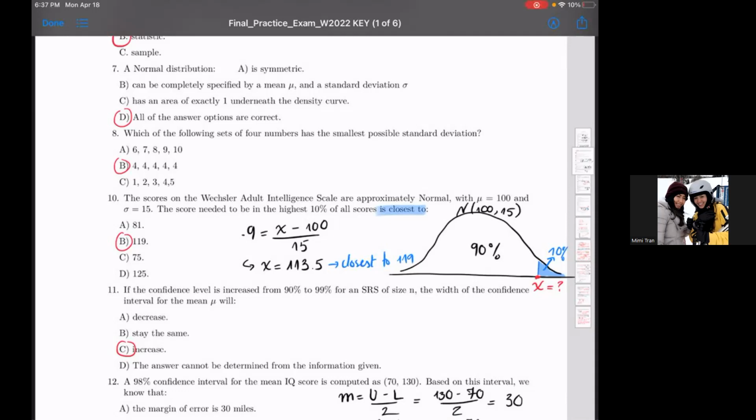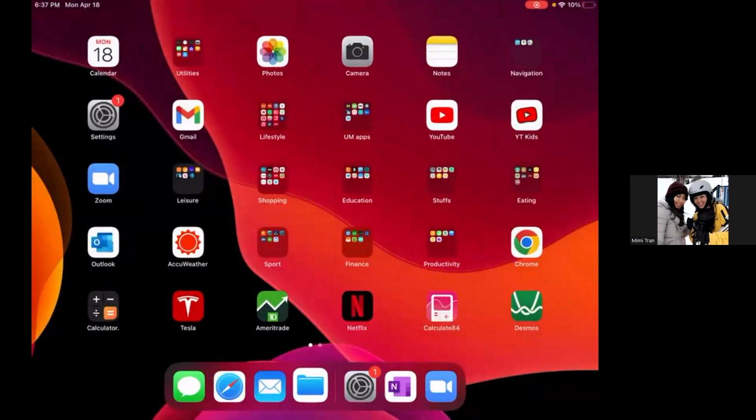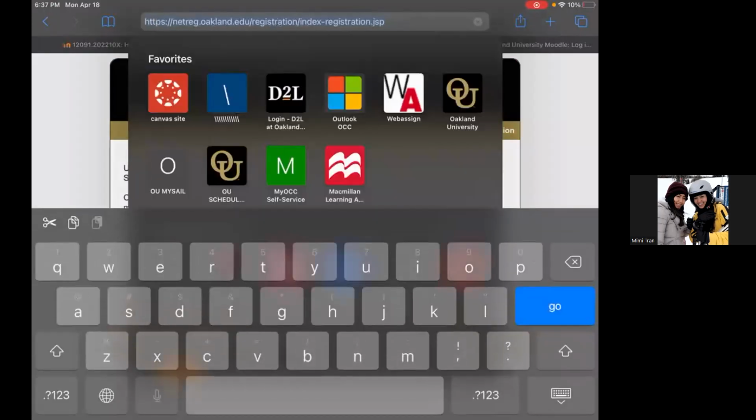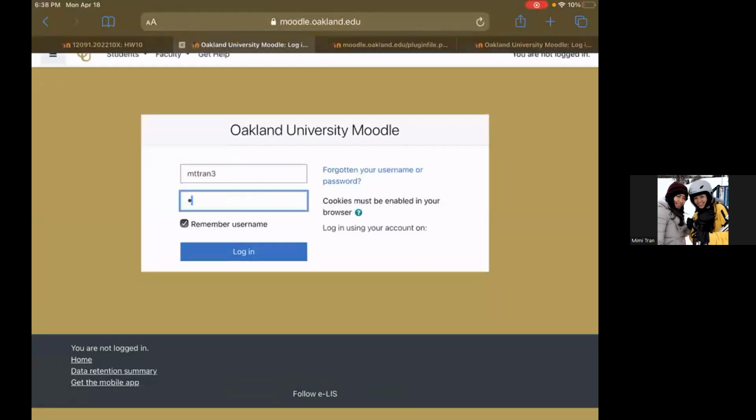So what you want to do is on your Z table, you look up 90% for the Z star, the Z score. How come it conveniently says 0.9? Let me look it up. When you look it up, what do you have?